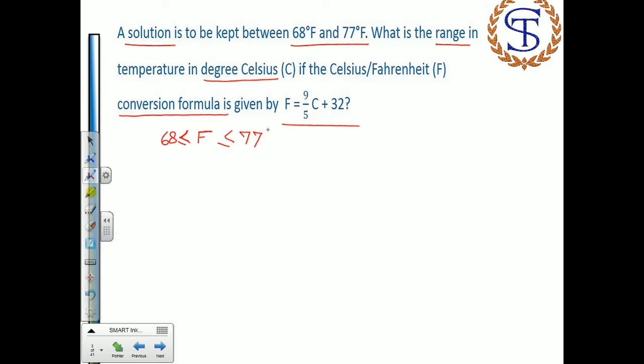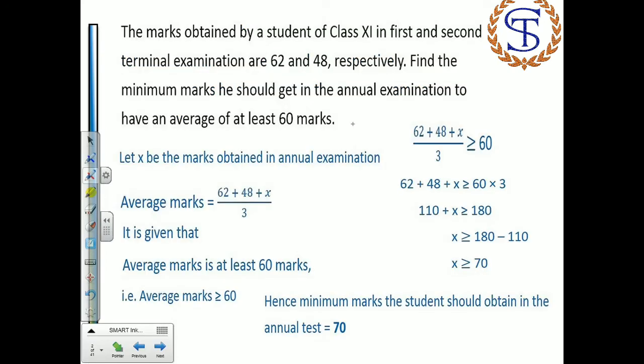Actually, we want to keep our temperature between 68 and 77. So how can we change this? Here we have been given the formula of conversion of Fahrenheit and Celsius.